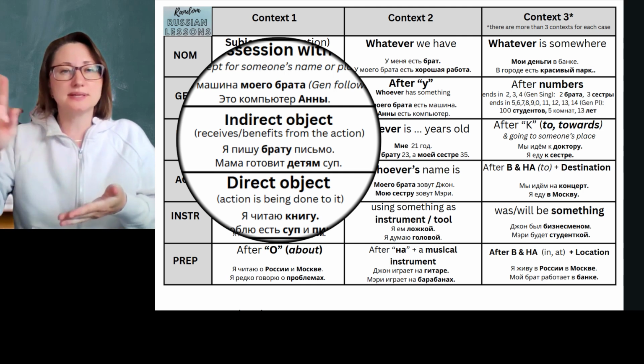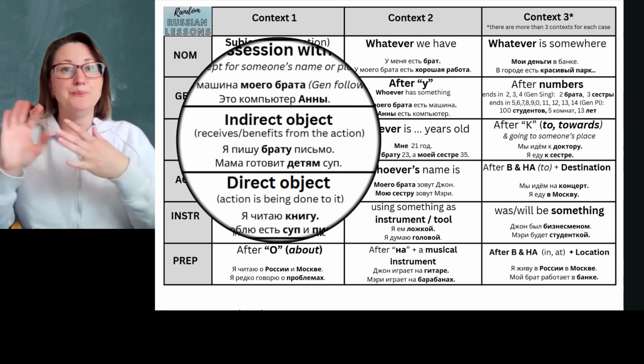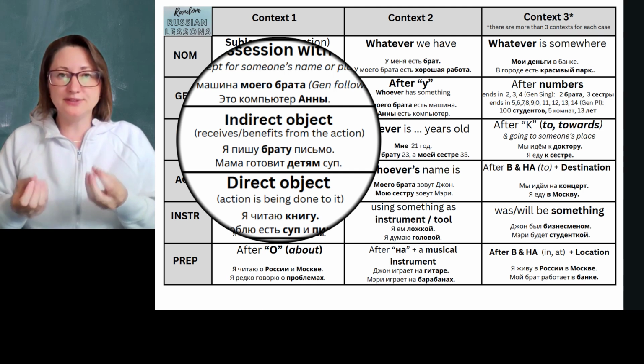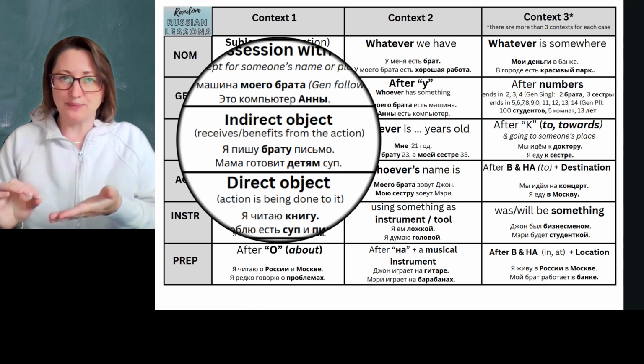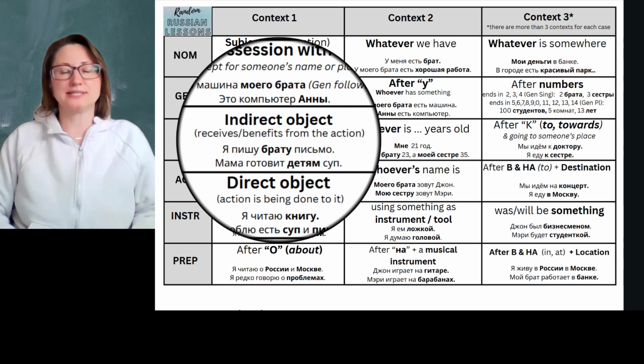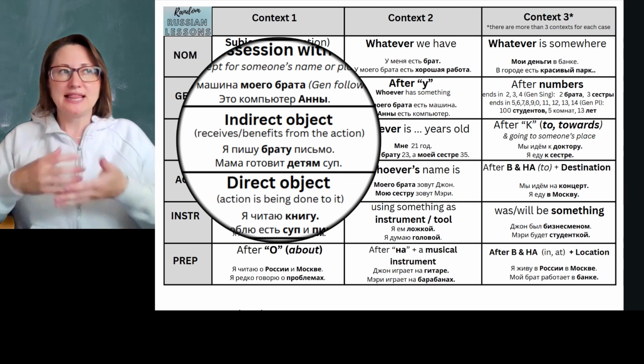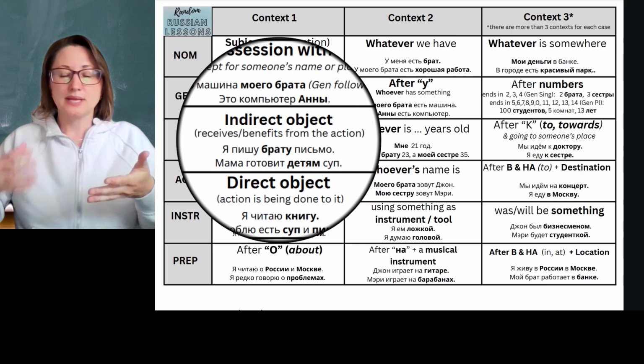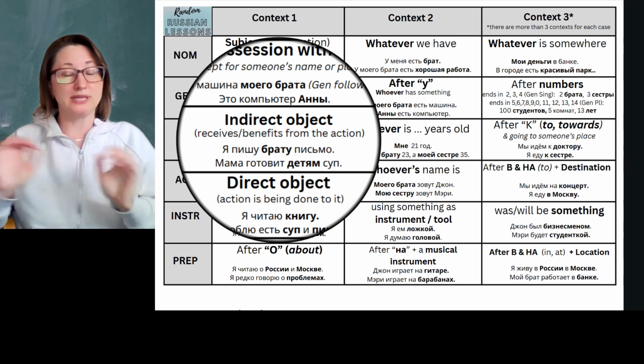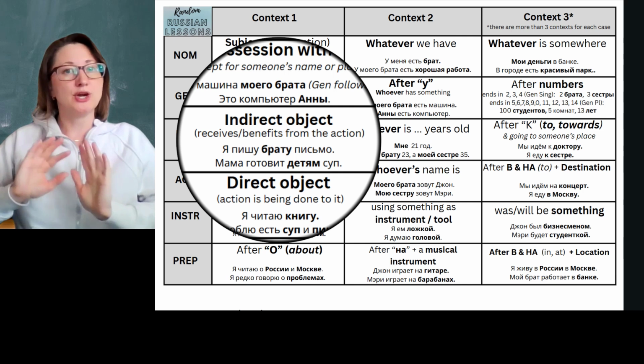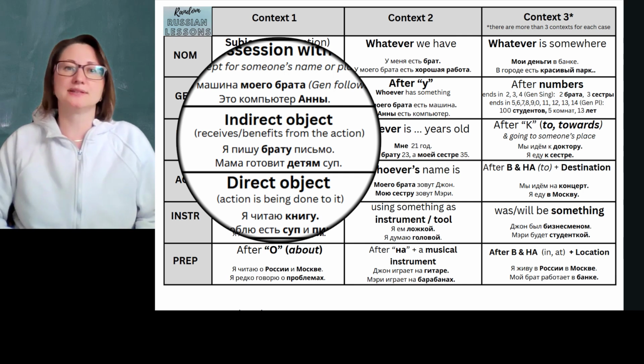The brother is somewhere in the future benefiting from receiving the letter that I am writing in this moment. I don't know if it makes sense, but basically the action is happening and somebody will benefit from it, not in this specific sentence, but theoretically speaking in the future. So that's the concept of a benefit.